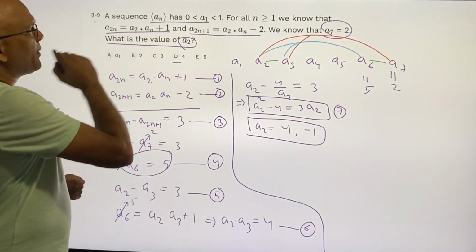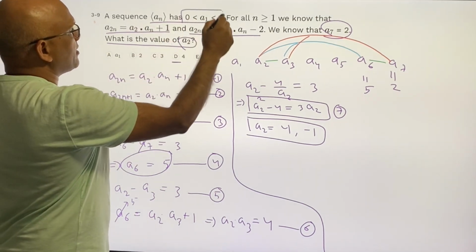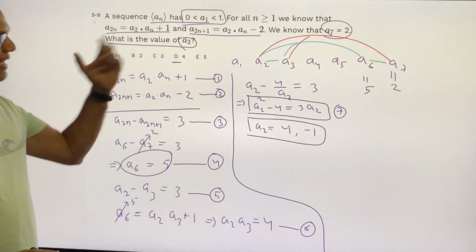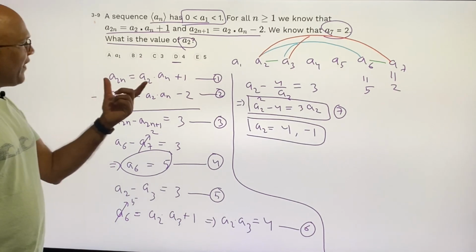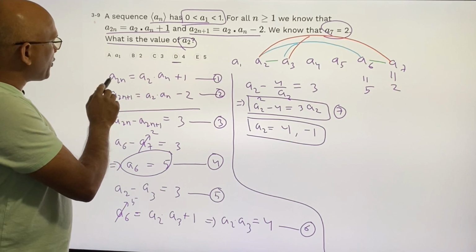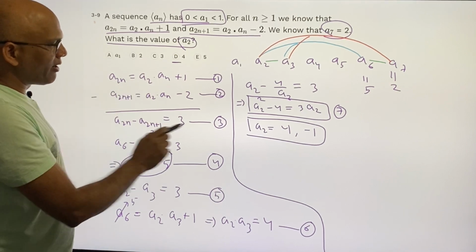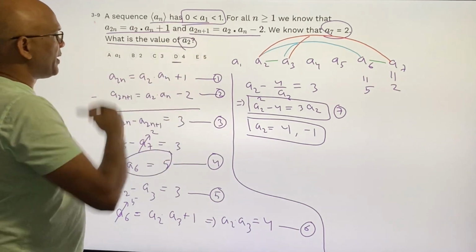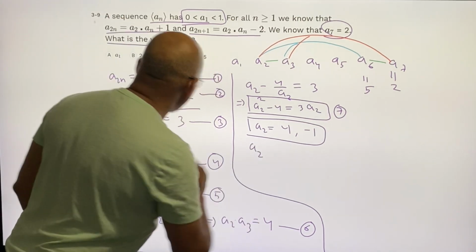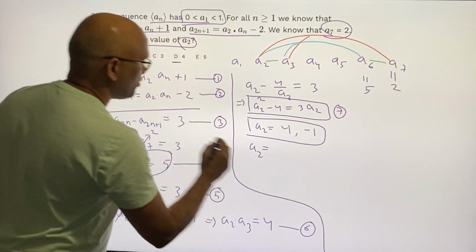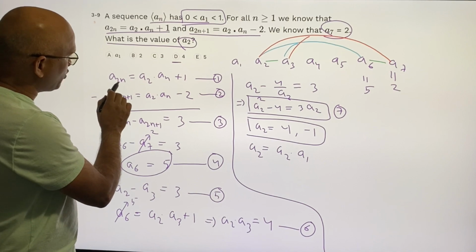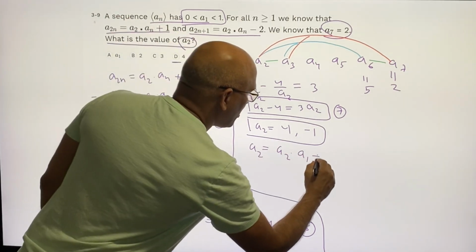However, we have another condition here, that a_1 has to be between 0 and 1. So let's see if we can satisfy that. If I look at equation number 1 with n equal to 1, that relates a_2 and a_1, and I already know a_2, so I can see the limit for a_1. So equation 1 for n equal to 1 is a_2 equal to a_2 times a_1 plus 1.